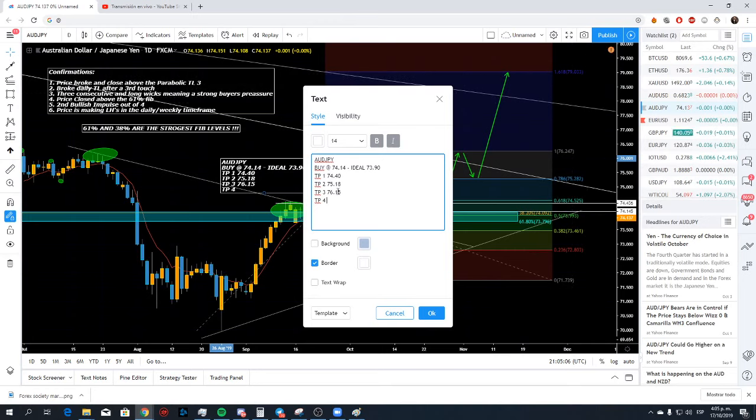Let's make it 78.90. That would be 450 pips if we reach take profit 4. I don't think it will reach it, or if it does, it won't be soon. I would aim for target take profit 3. Take profit 3 would be okay.